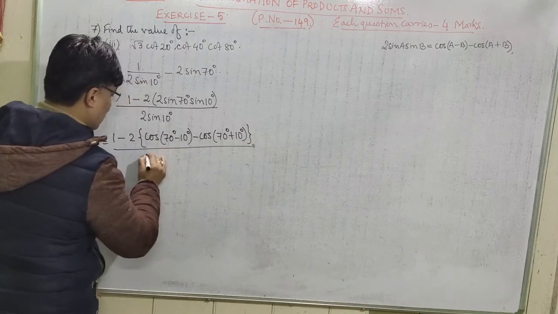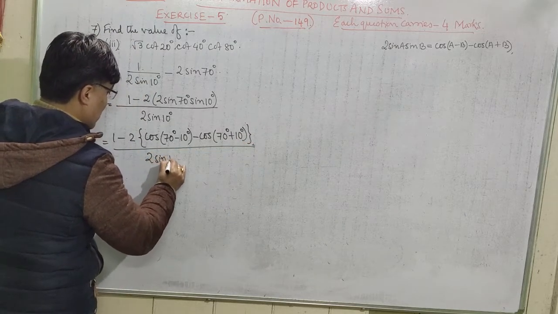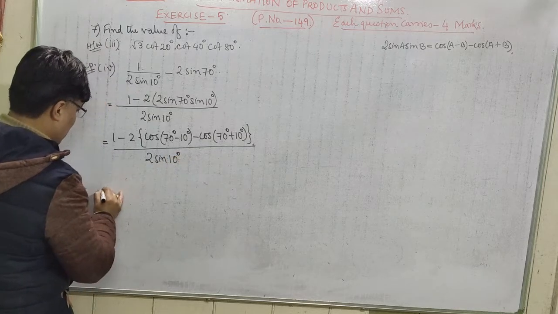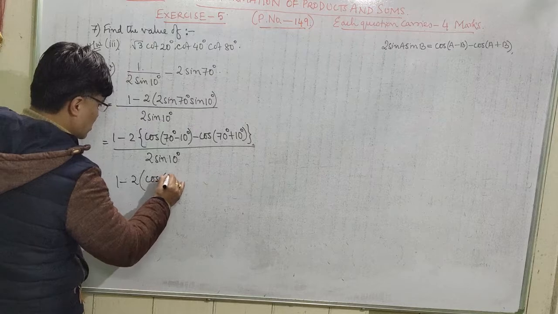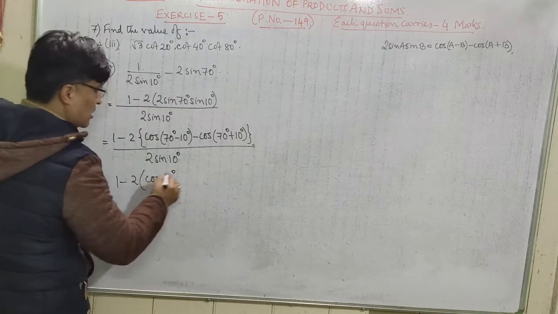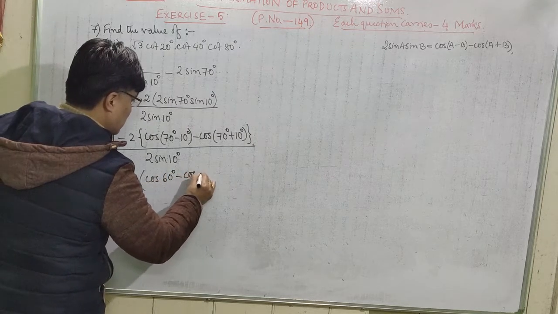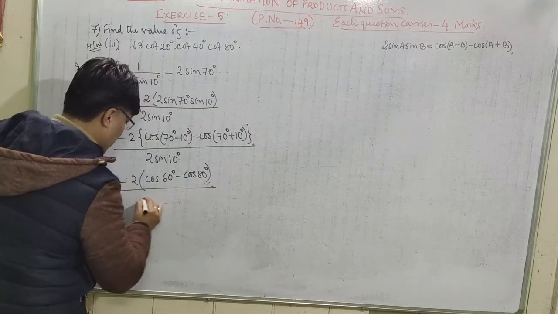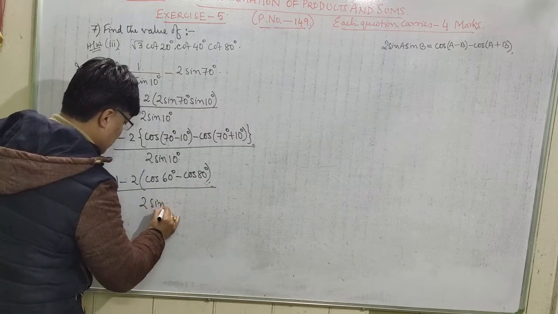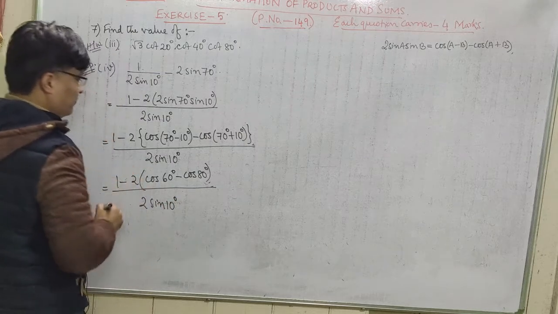This whole divided by 2 sin 10 degree, which is equal to 1 minus 2 within bracket. This is your cos 70 minus 10 is 60 minus cos 70 plus 10 is 80 degree. This whole divided by 2 sin 10 degree.